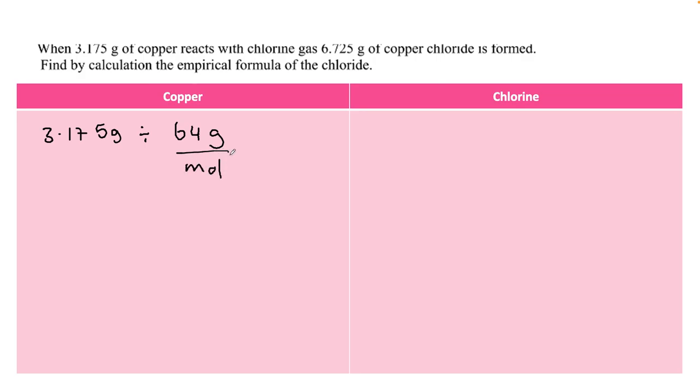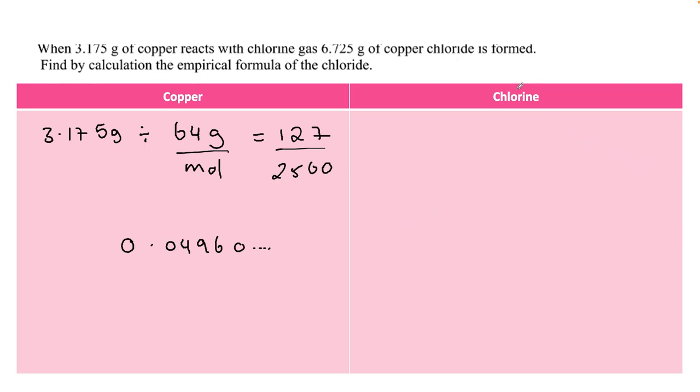And if we pop that into the calculator, 3.175 divided by 64, we're going to get 0.0496. That keeps going. Okay, so if we wanted to, we could keep it in the calculator as 127256. So that's how many moles of copper there are.